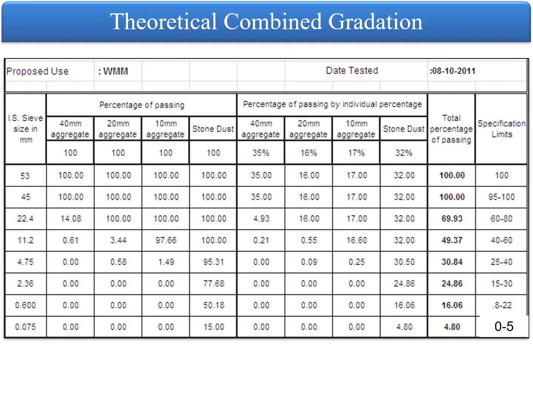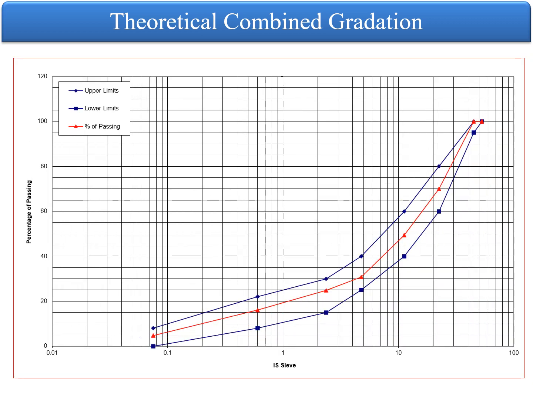Theoretically, for combined grading, blending has to be in the format of individual gradings, and then you have a theoretical combined grading to check whether the percentage passing is meeting the specified limits or not. Then a graph is plotted showing the upper and lower limits of the grading and the percentage passing.